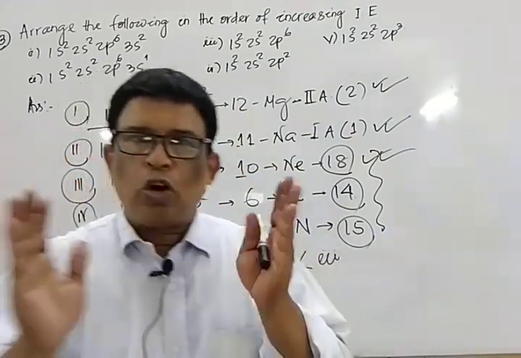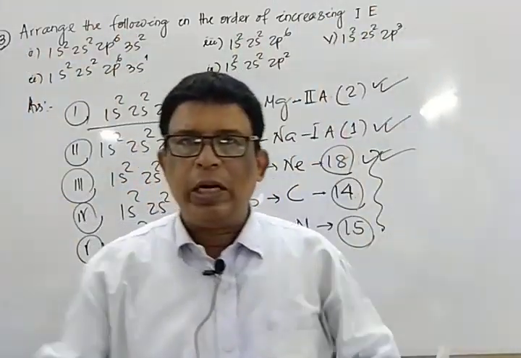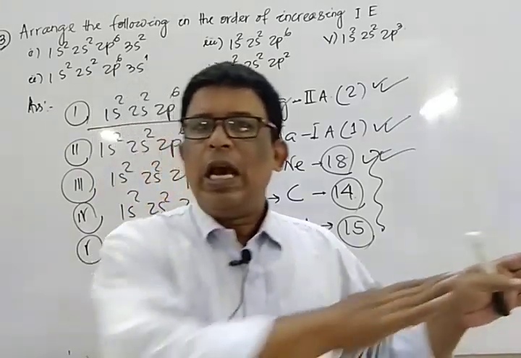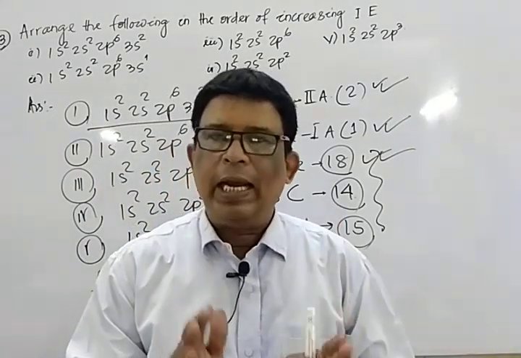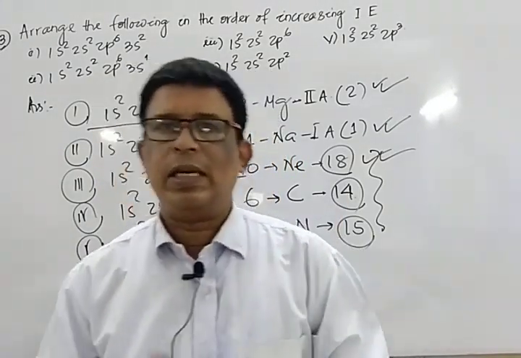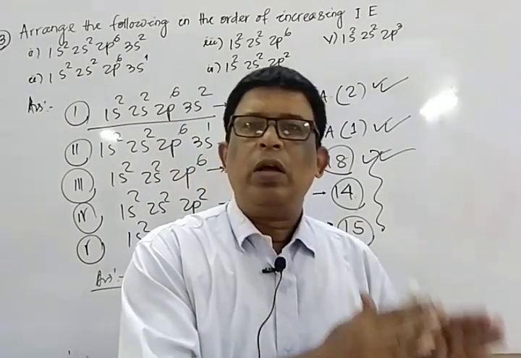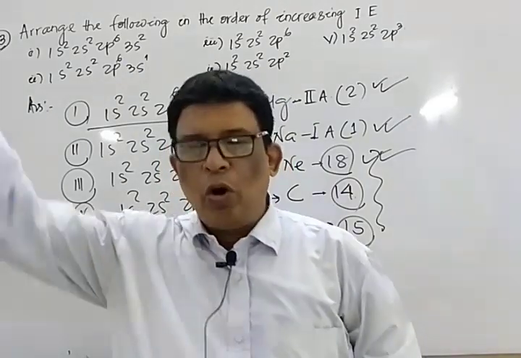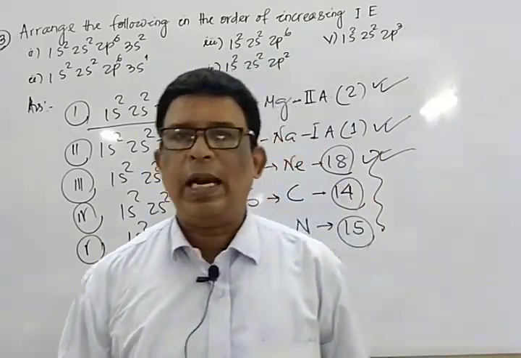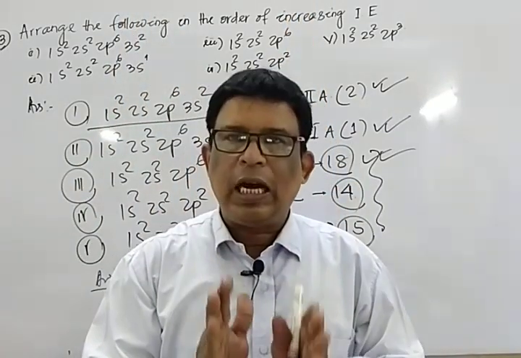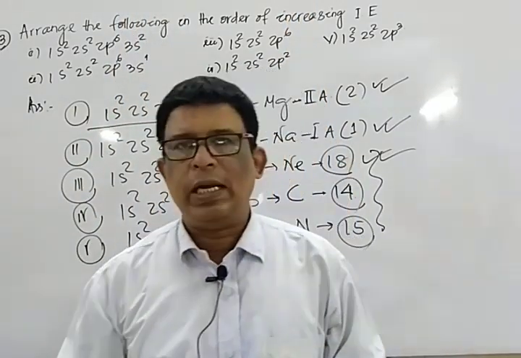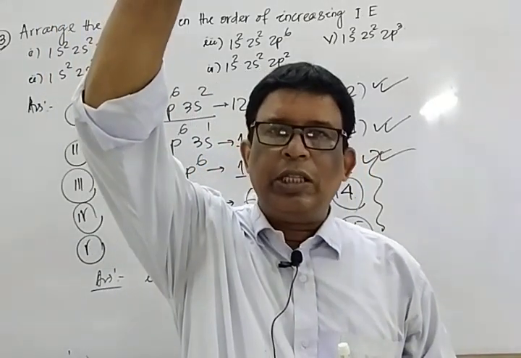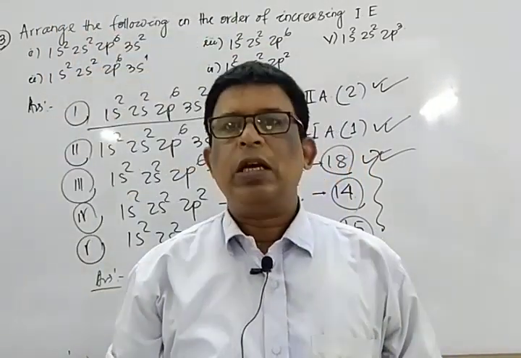I repeat again, the common concept is that in the periodic table, from top to bottom, the value of ionization energy gradually decreases, and from left to right, ionization energy gradually increases. Group 11, 12, 13, 14, 15, 16, 17, 18: noble gases possess the highest value of ionization energy and group 1 alkali metals possess the lowest.